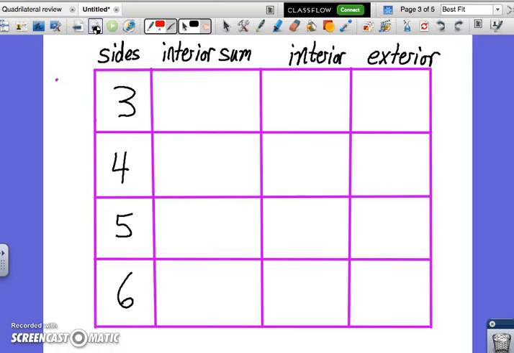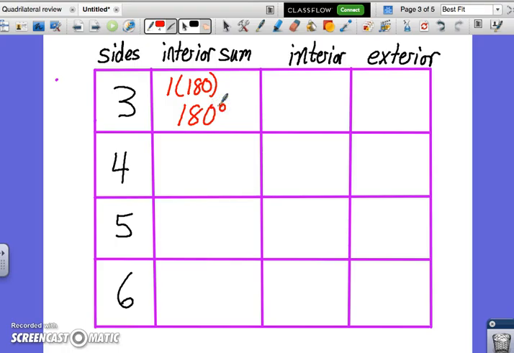So looking at this, the sum of the interior angles. Well, remember we said before that it's the number of triangles in it times 180. And we know that the number of triangles will always be 2 less than the number of sides. So for this one here, it's simply 1 times 180. So the sum of the interior angles is 180 degrees.